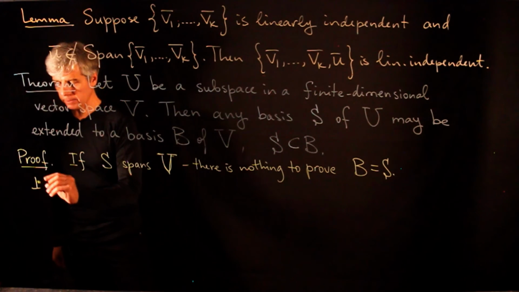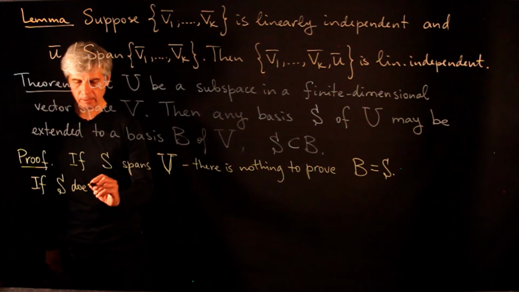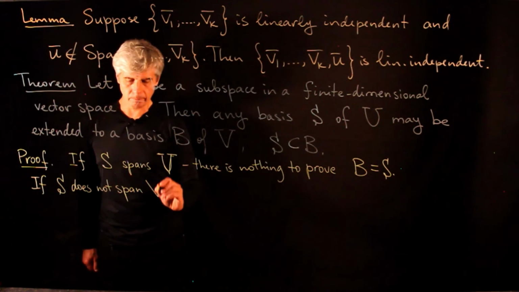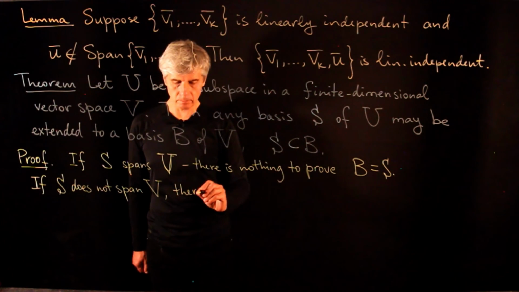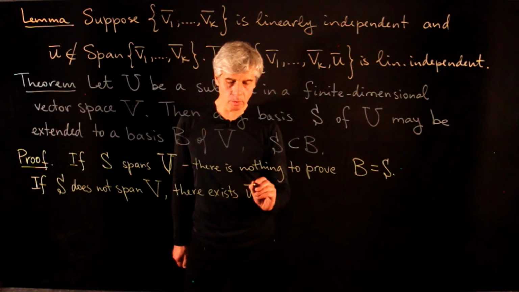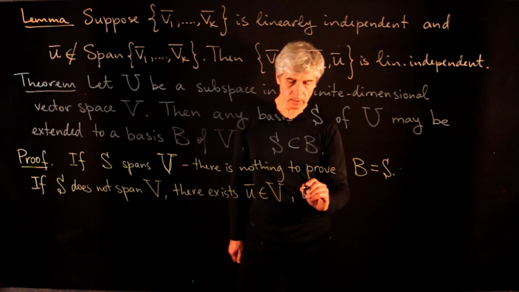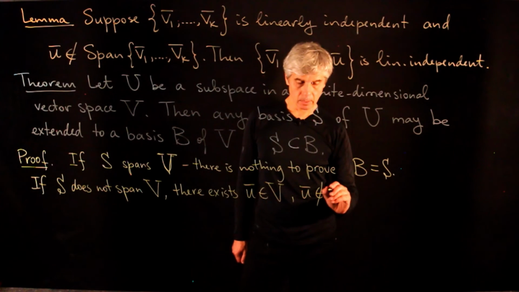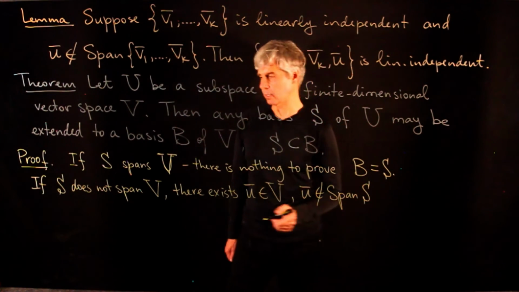Now, if S does not span V, there exists a vector u in V such that u does not belong to the span of S, right?